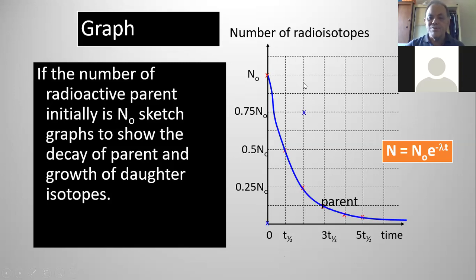Or from the top, like the initial value, 2 squares, then this is 1 square, this is also 1 square. Draw that, and that is your daughter. So that is the decay of the parent and the build up of the daughter. As the parent becomes completely 0 at infinity, the daughter completely acquires the value of the parent.